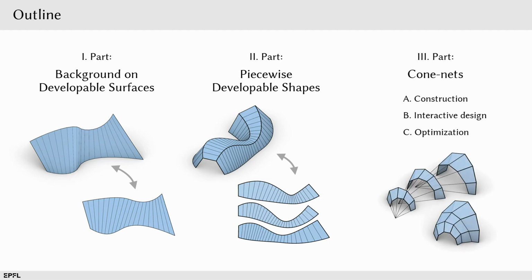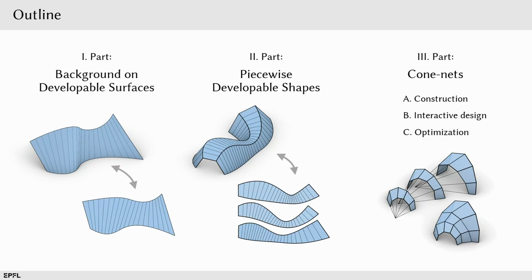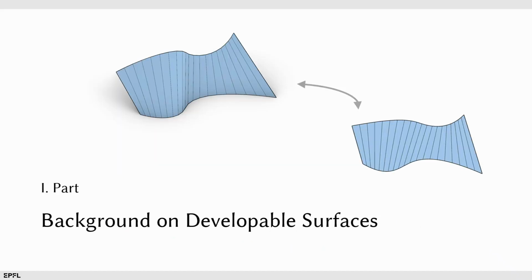And then finally, we will build on these foundations and present our recent work on the theory and interactive design of CodeNets. We will highlight the construction, then our implementation as an interactive design tool, and then provide an overview of our numerical optimization approaches. Okay, so let's start with the first part on developable surfaces.